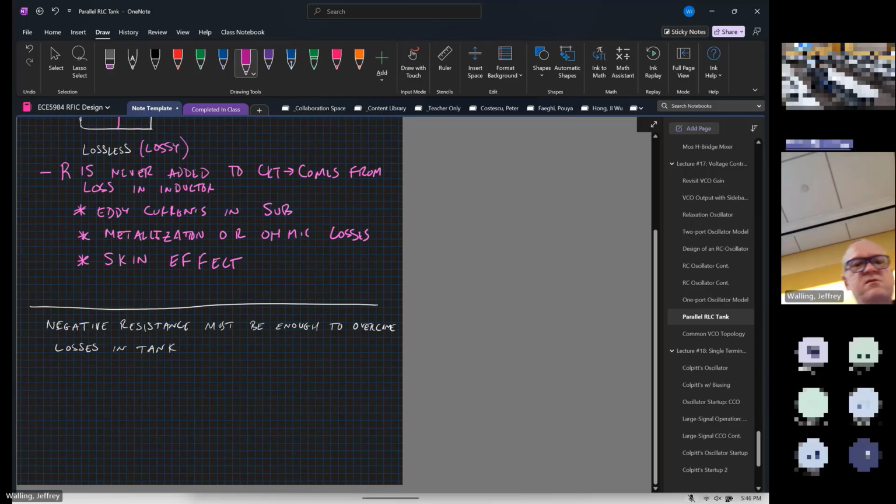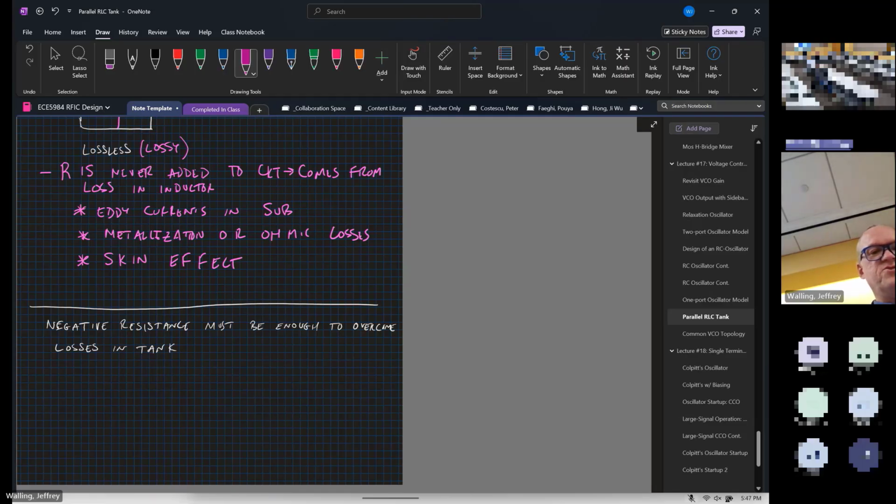Okay, so we know that the negative resistance in the tank must ultimately be enough to overcome the resistance, the negative resistance in the cross-coupled pair must be enough to overcome the losses in the tank.